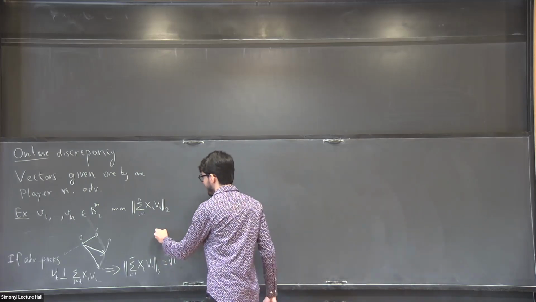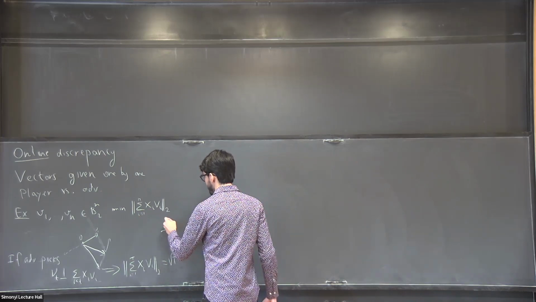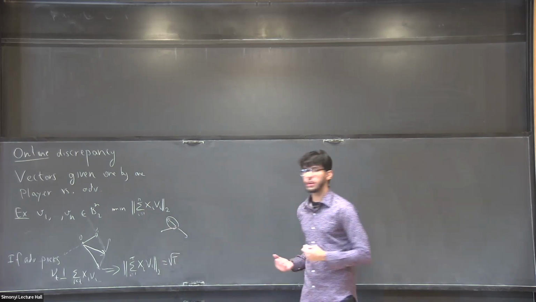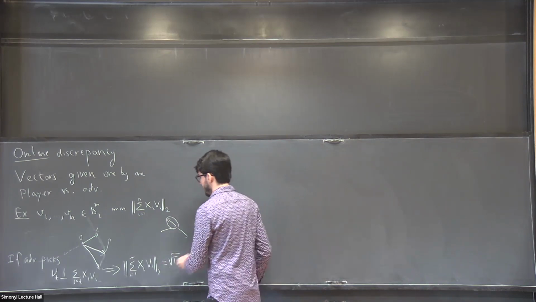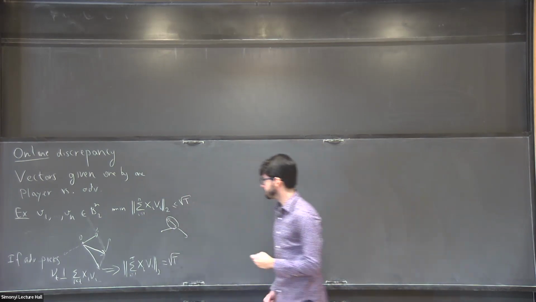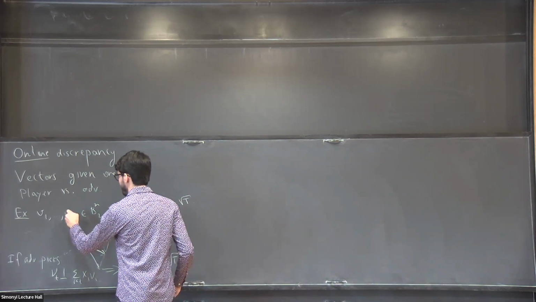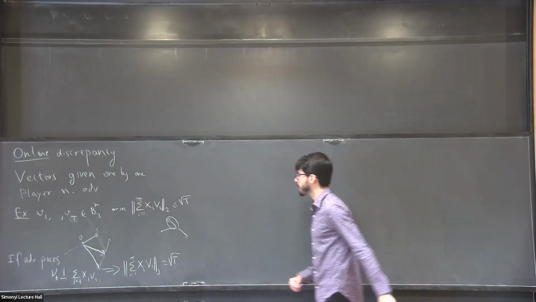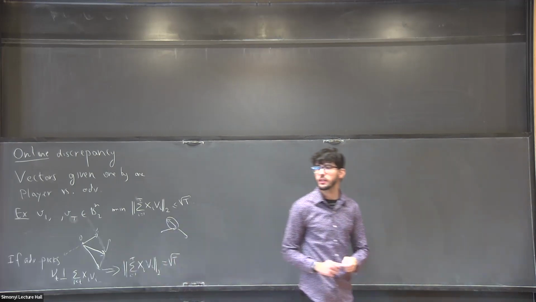For any strategy of the adversary, maybe I'm here and the adversary gives me this option, I can always pick whatever makes an acute angle. And so the player can always guarantee that this is at most square root T, where T is the number of vectors. So even in dimension 2, this is tight by this example here.